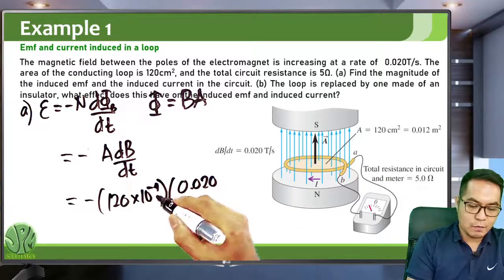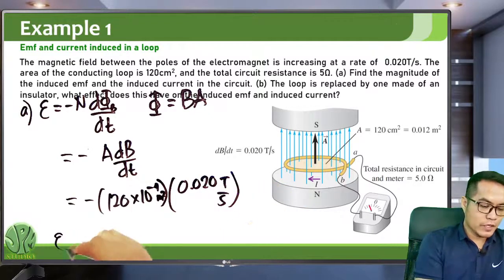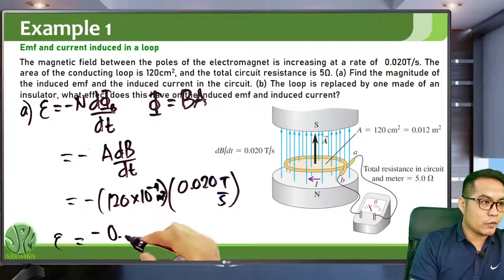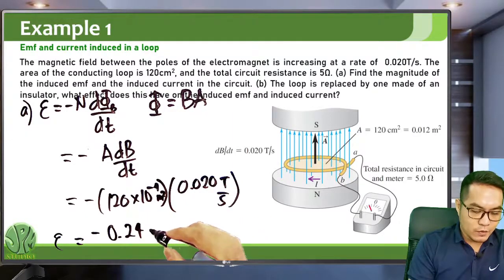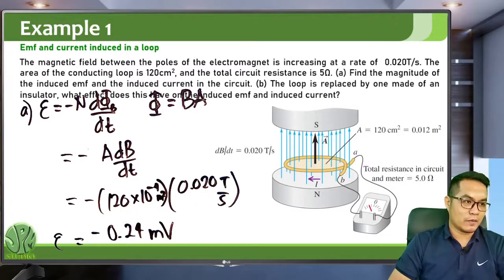This is meter squared, this is Tesla per second. So your EMF will be negative 0.24 times 10 to the negative 3 volts, or millivolts. So that is your induced EMF.